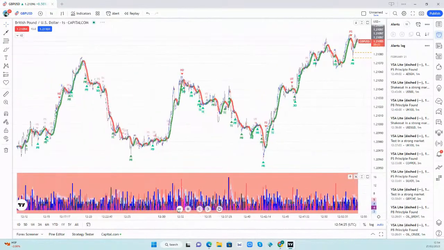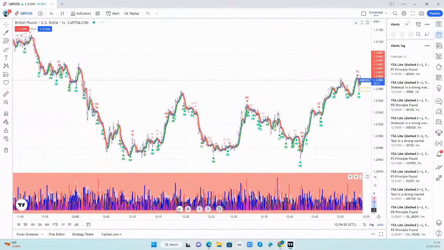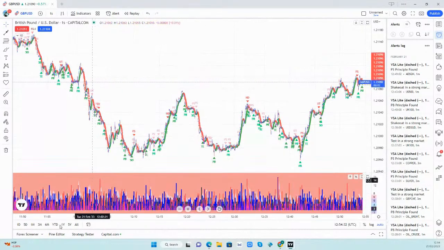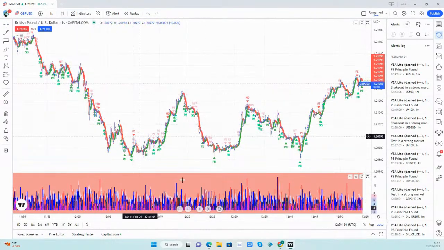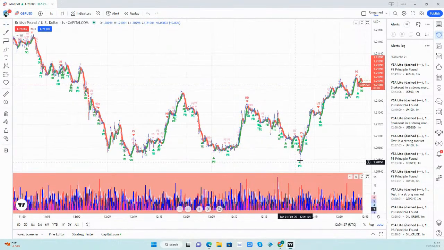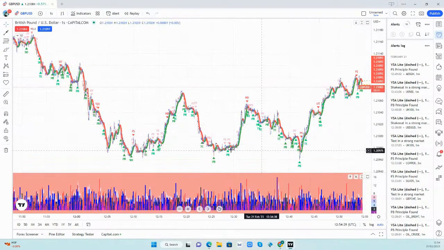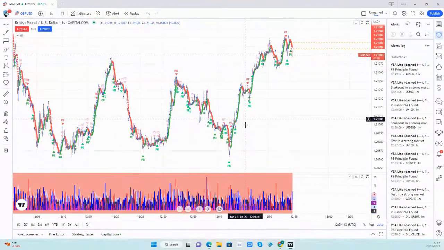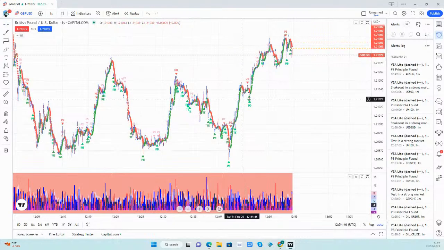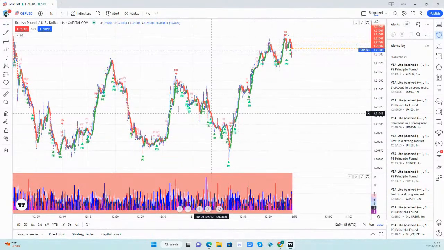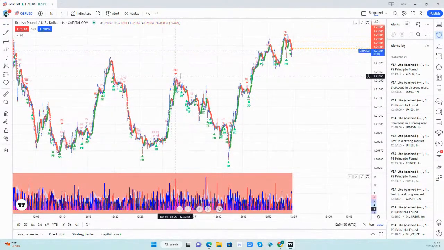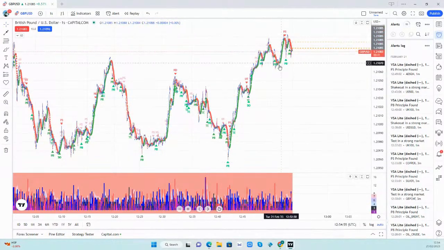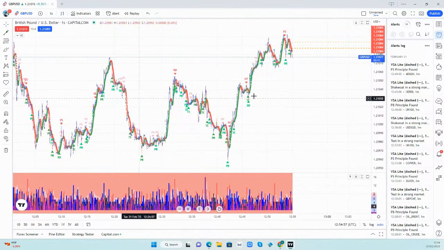Okay, and let's go back to since in the morning, since 12 o'clock, they've been marking this up a bit, pushing it up, and as you can see, really is slightly on a rise. So the highs are getting higher, and the lows are getting higher as well, but not so obvious.